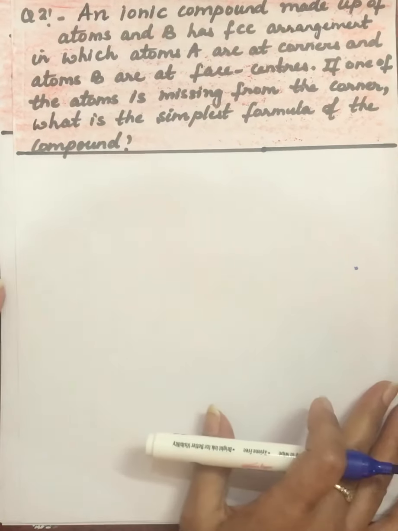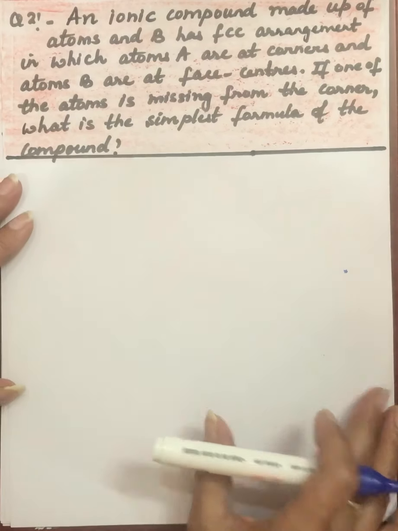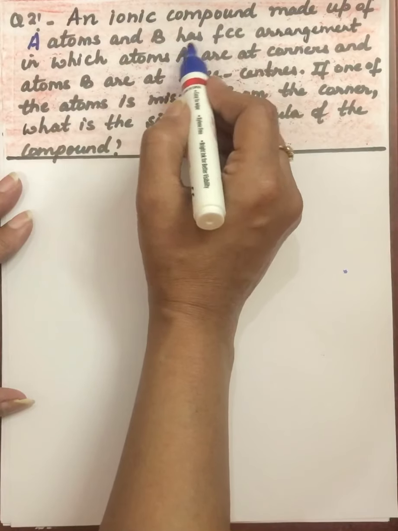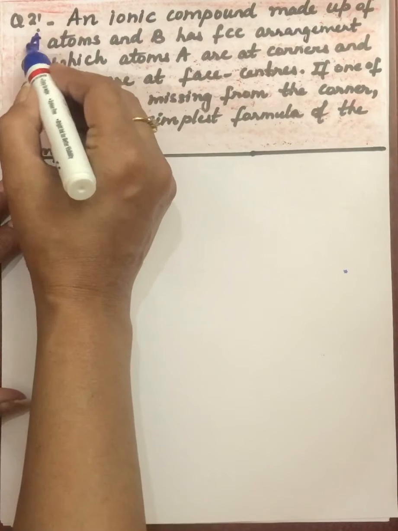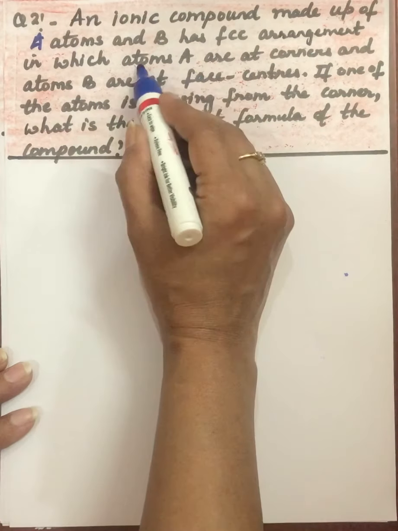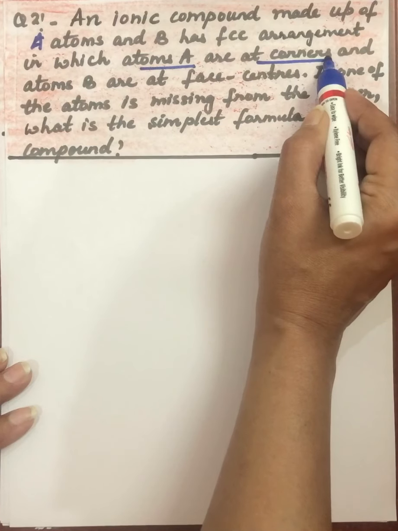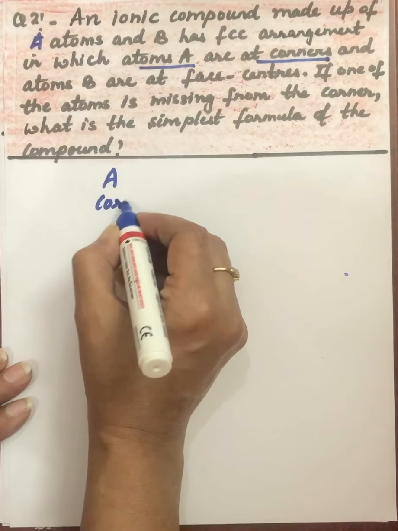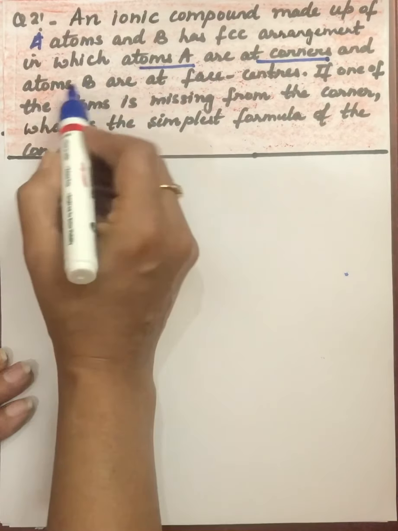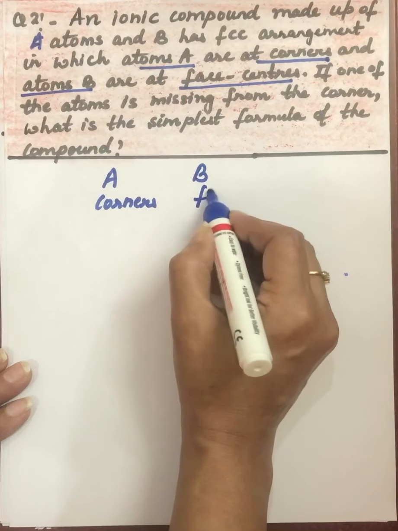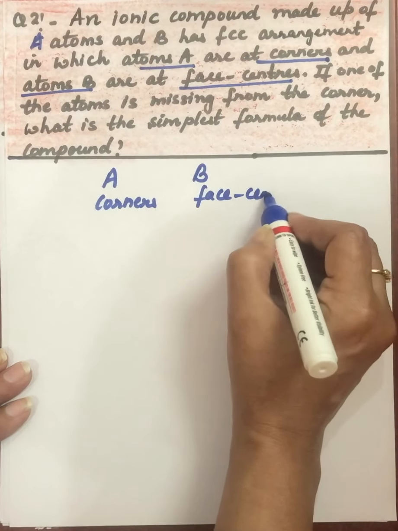An ionic compound is made up of atoms A and B, and it has an FCC arrangement. A atoms are present at the corners, and atoms B are present at the face centers.